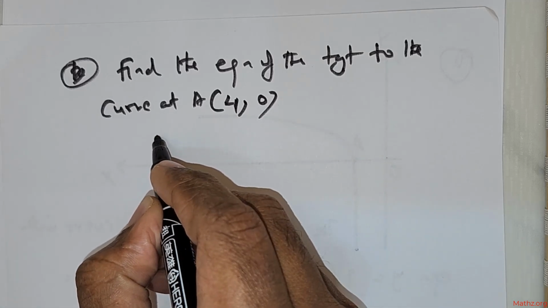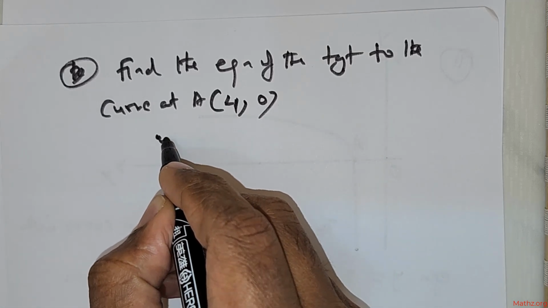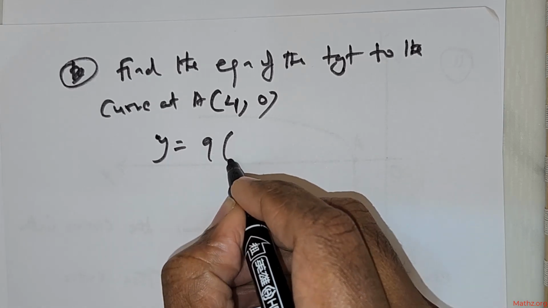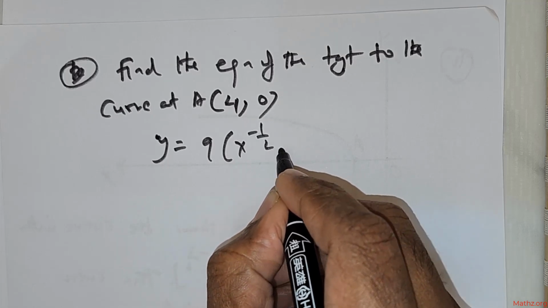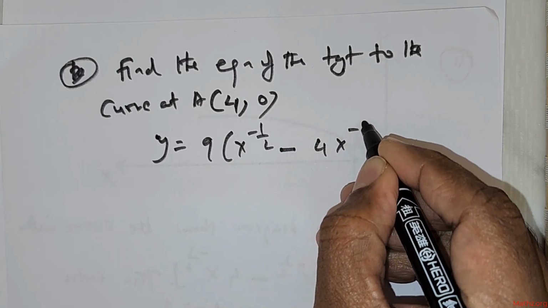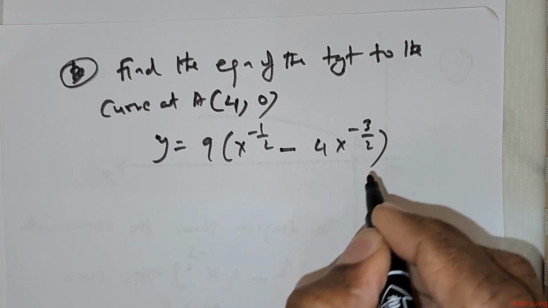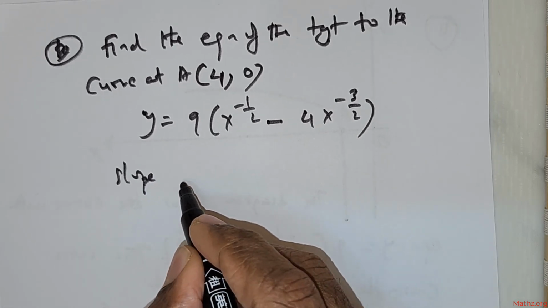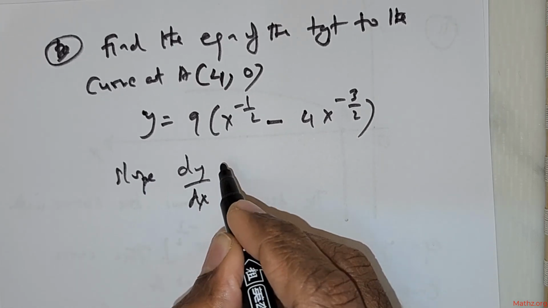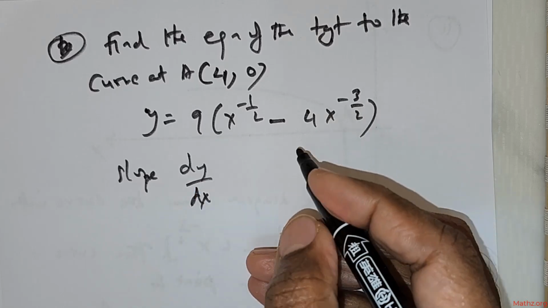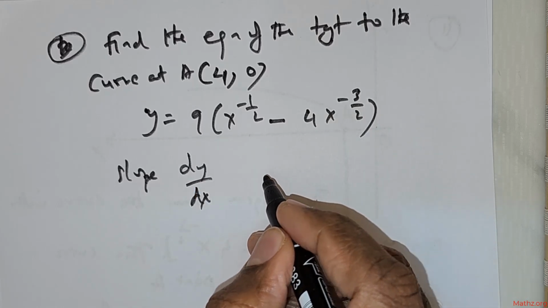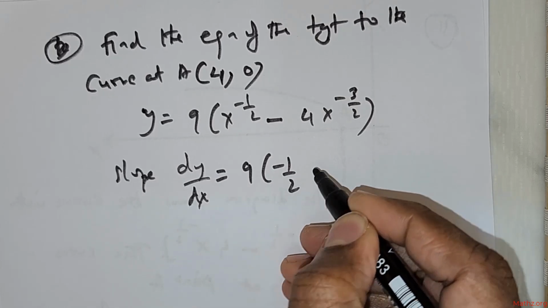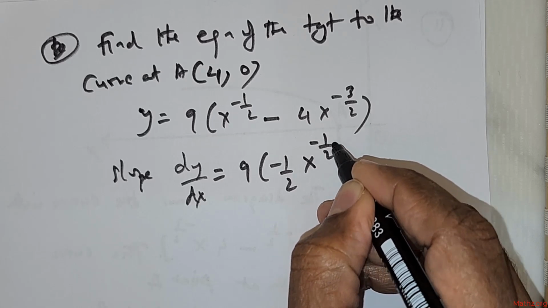Right, now we have been given the curve as y is equal to 9 times x raised to the power of negative 1 over 2, negative 4 times x raised to the power of negative 3 over 2. Now we will have to find the slope. So for that we need to calculate dy over dx. So we differentiate this, and that would give us 9 times negative 1 over 2 times x raised to the power of negative 1 over 2 negative 1.